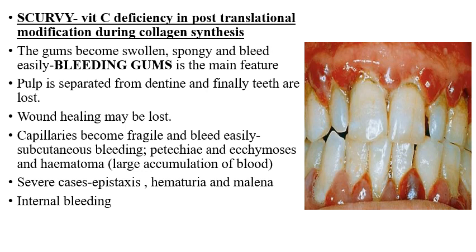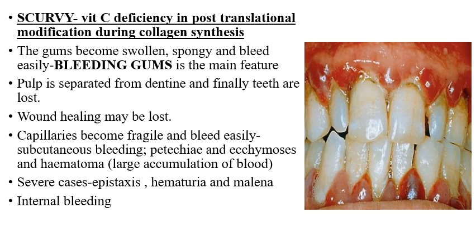The next common disease associated with collagen is scurvy. It is because of deficiency of vitamin C, which is required during the post-translational modification of collagen synthesis. In scurvy, the patients will present with bleeding gums, and the gums will be swollen and spongy. The pulp will be separated from the dentine and the teeth will finally be lost.